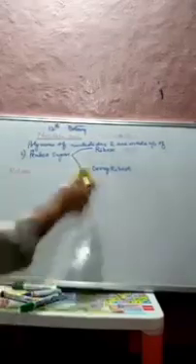Now let us try to see the structure between these two. If this is the ribose, and from here we will make deoxyribose.